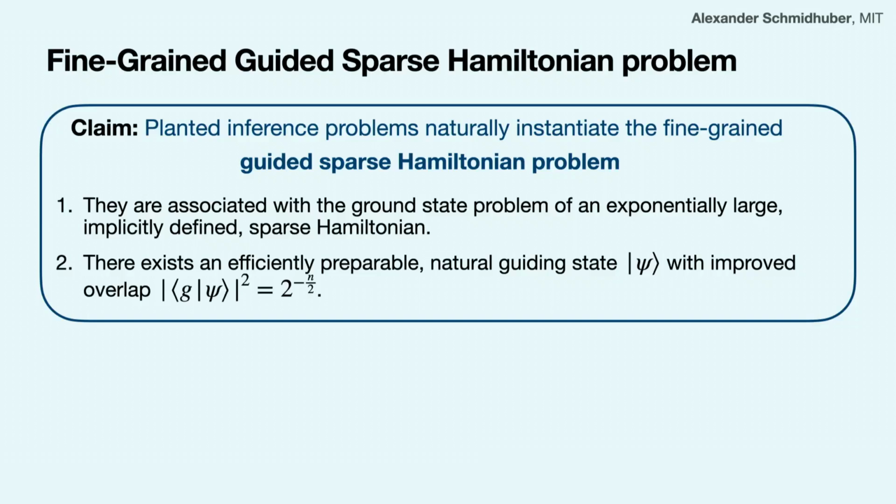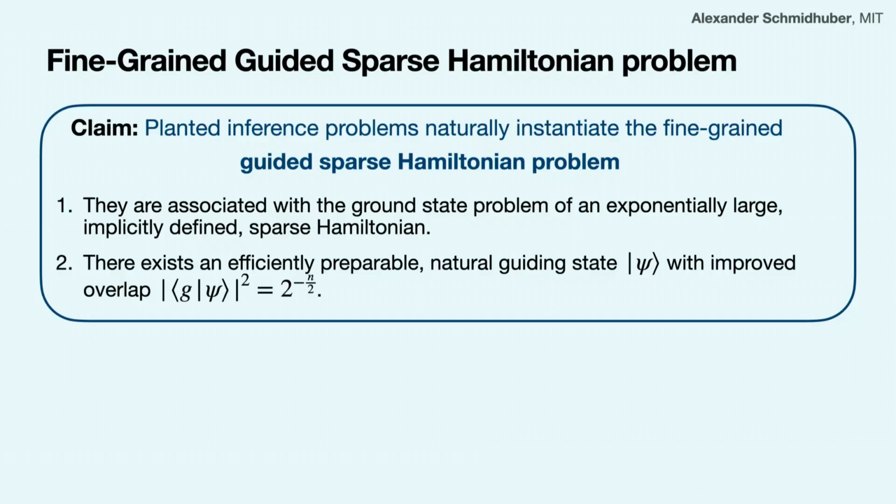And moreover, for this kind of structured Hamiltonian that you get for these problems, there is a guiding state that has improved overlap with the ground state. And that guiding state is efficiently preparable, given just the input of the problem and nothing else.